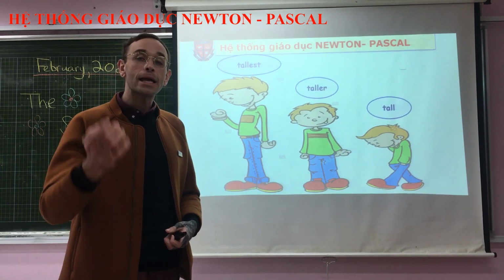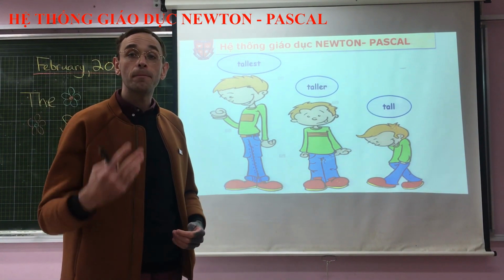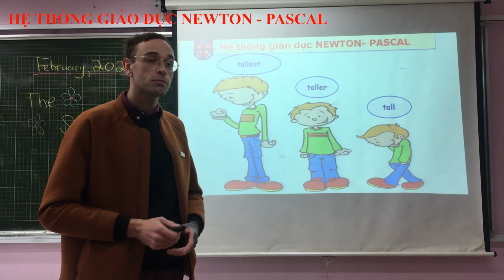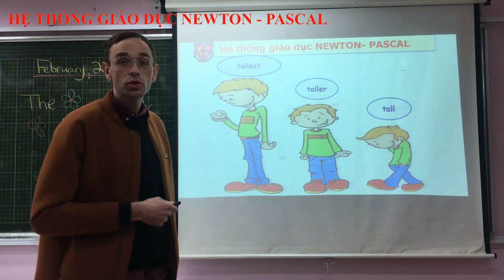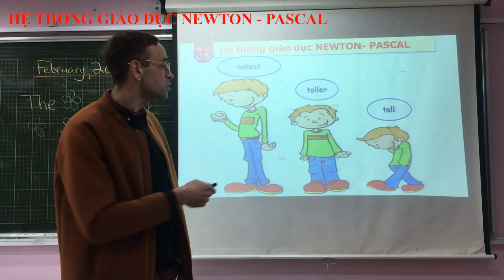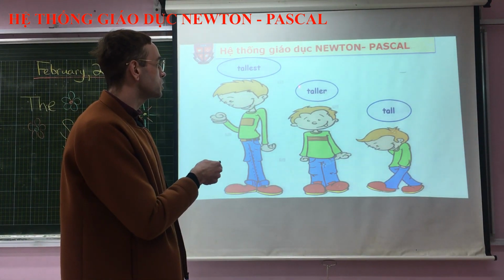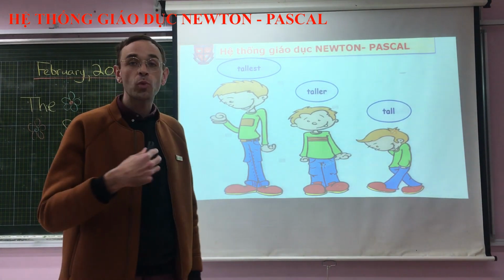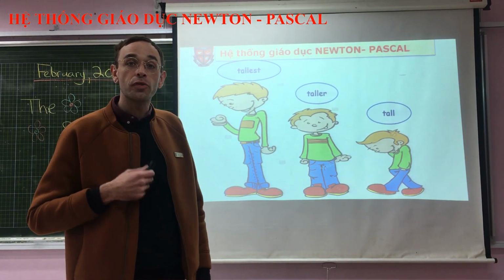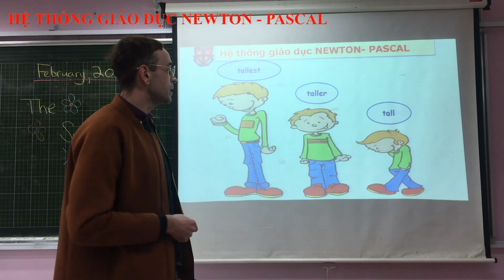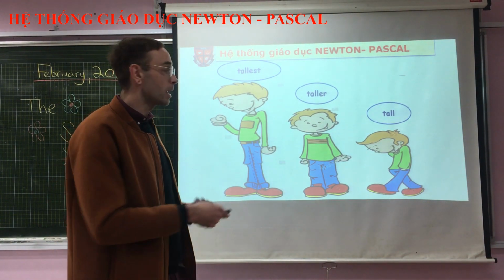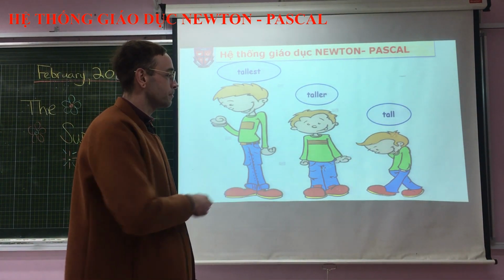Okay? Last time we talked about comparative adjectives. We talked about adding ER to the end of an adjective, so tall becomes taller, and then when we want to compare two things, we can say that the boy on the left is taller than the boy on the right.